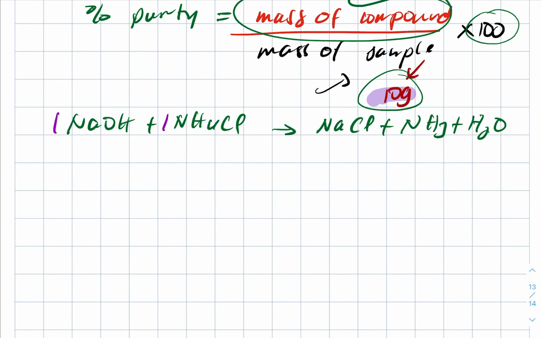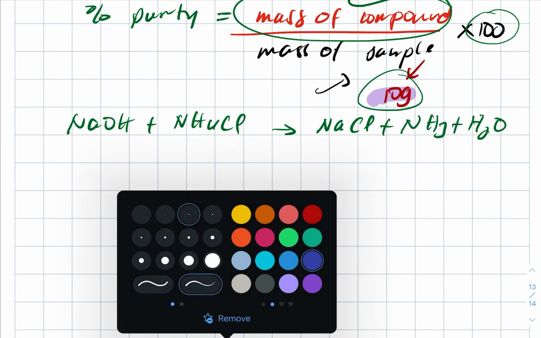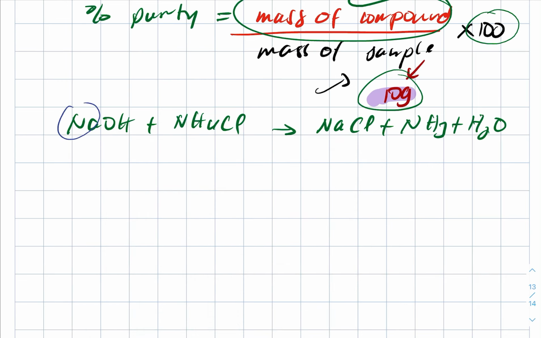Let's first try to see if the equation is balanced, because we might get wrong feedback. All right, I have 1 sodium on the left, 1 sodium on the right. Oxygen is 1 only on the sodium hydroxide, and I only have 1 on the water molecule. Hydrogen is 1 and 4 here, which gives me a total of 5. I have 3 here and 2 here, which gives me a total of 5. 1 chlorine, 1 chlorine. All right.